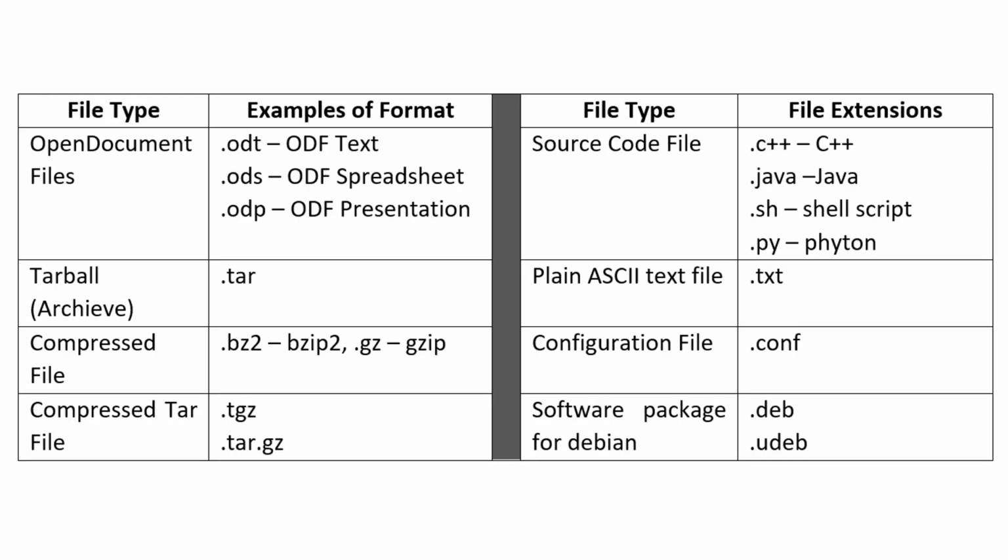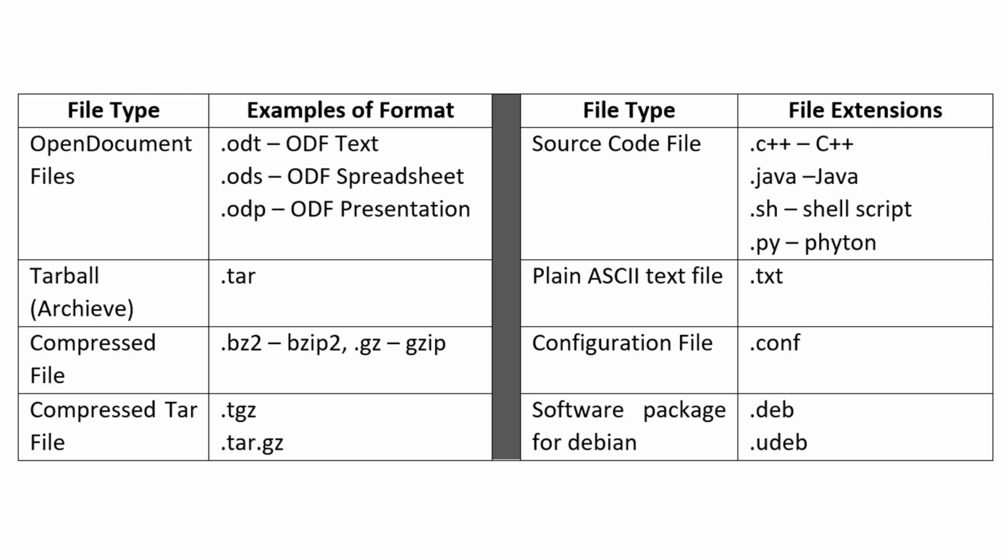Here we are showing you examples of the file types, or extension file formats, that we have in Linux. For open document files, like what we have in Word, which is .doc, or .xls, in Linux the default is the ODF text, which is compatible with Word, .odt.